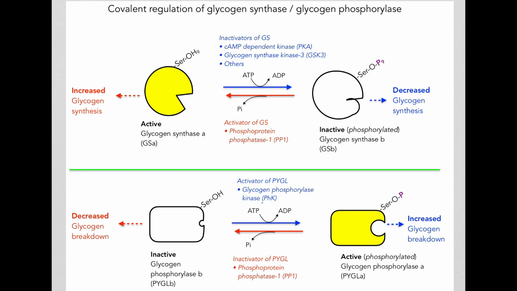So since glycogen phosphorylase kinase, or PHK, makes the inactive form into the active form, we can consider PHK to be an activator of glycogen phosphorylase. We sometimes refer to the active form of the enzyme as the A form and the inactive form as the B form.